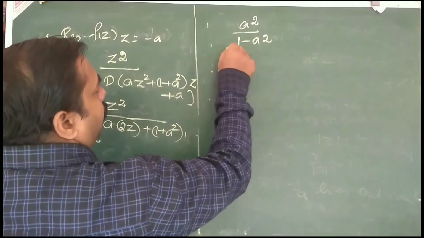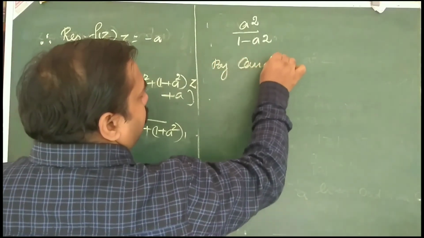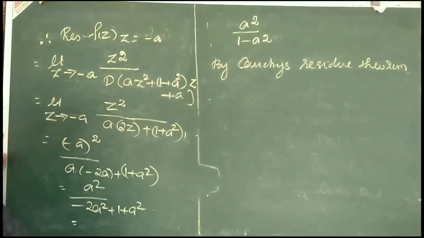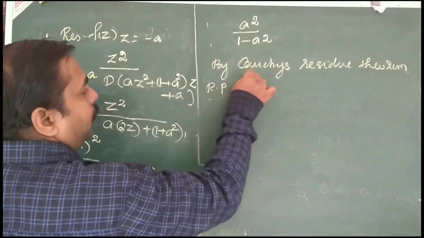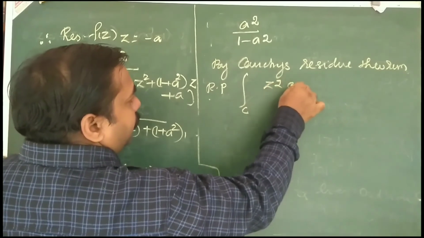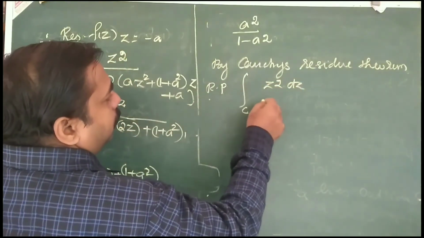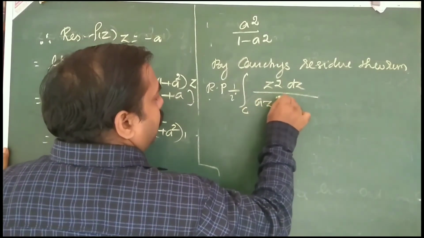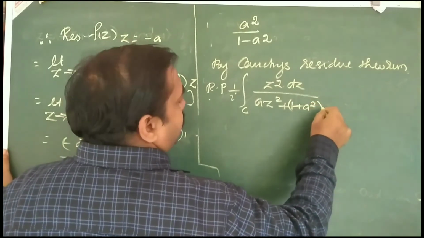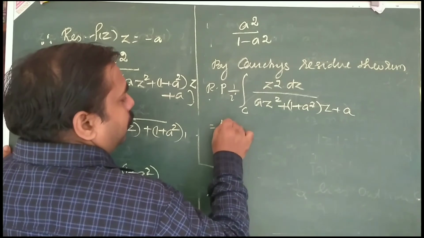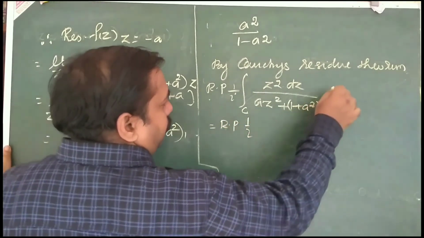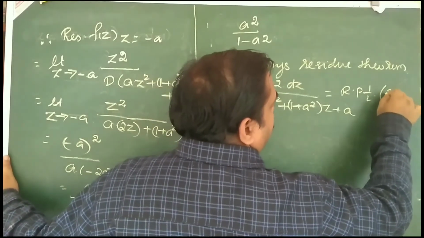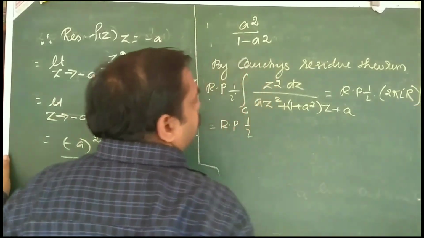Therefore, by Cauchy's residue theorem, the real part of the integral over C of z square dz, here 1 by I, by a z square plus 1 plus a square into z plus a, is equal to real part of 1 by I into 2 pi I into R. So R is the residue.